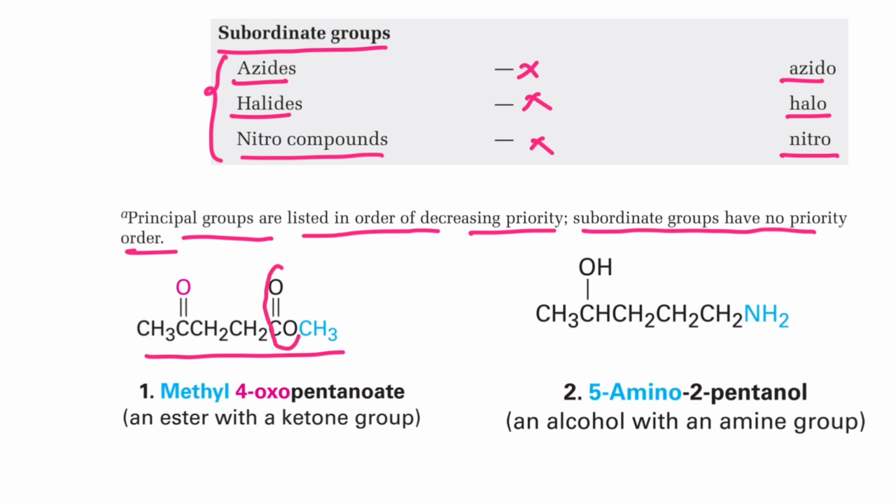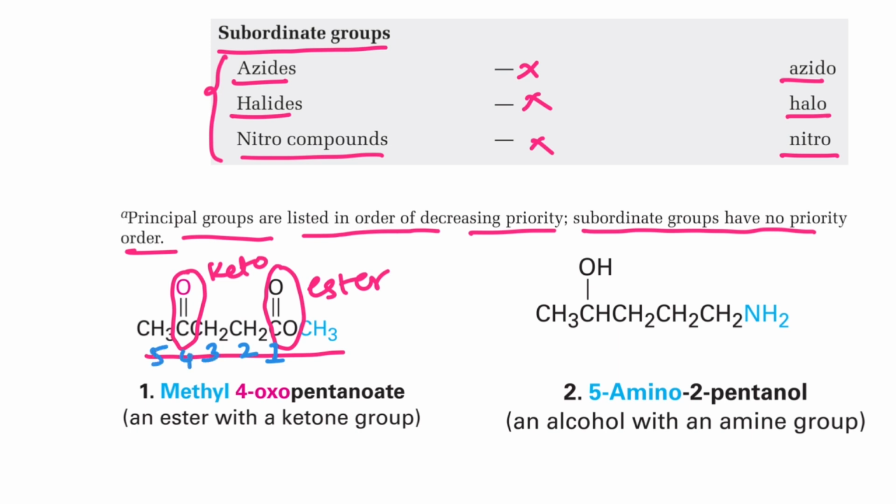This has an ester functional group, and this has a keto functional group. Ester is a higher priority group than the keto group, so we have to give more priority to the ester.